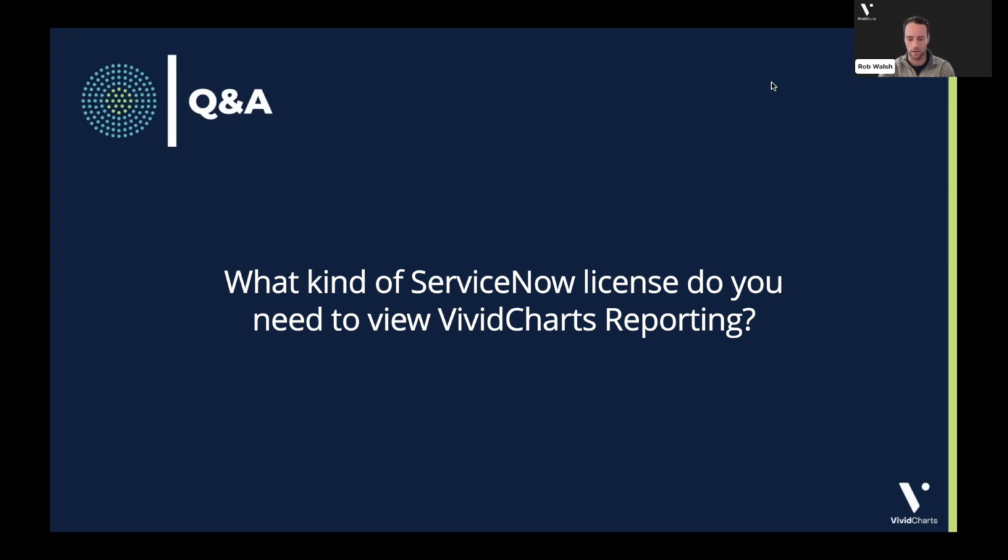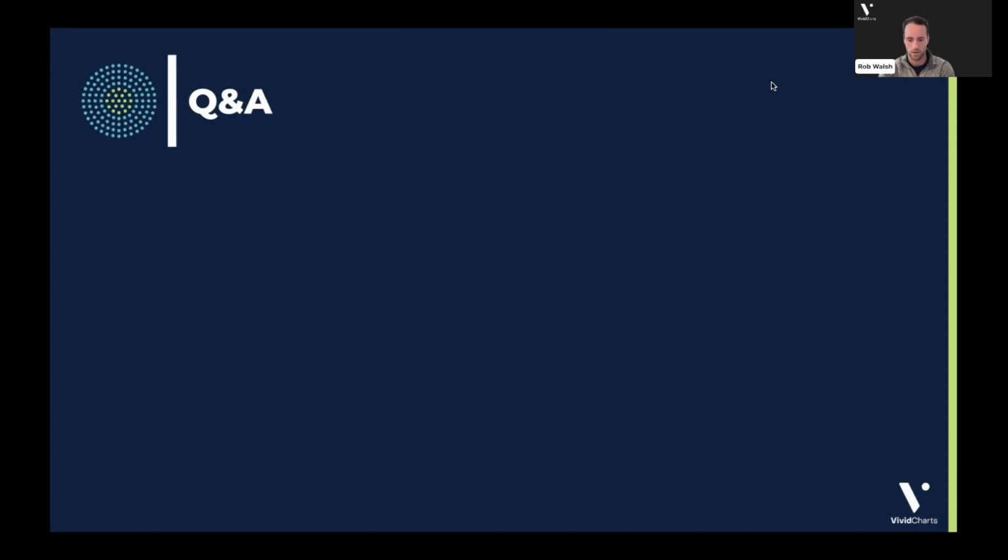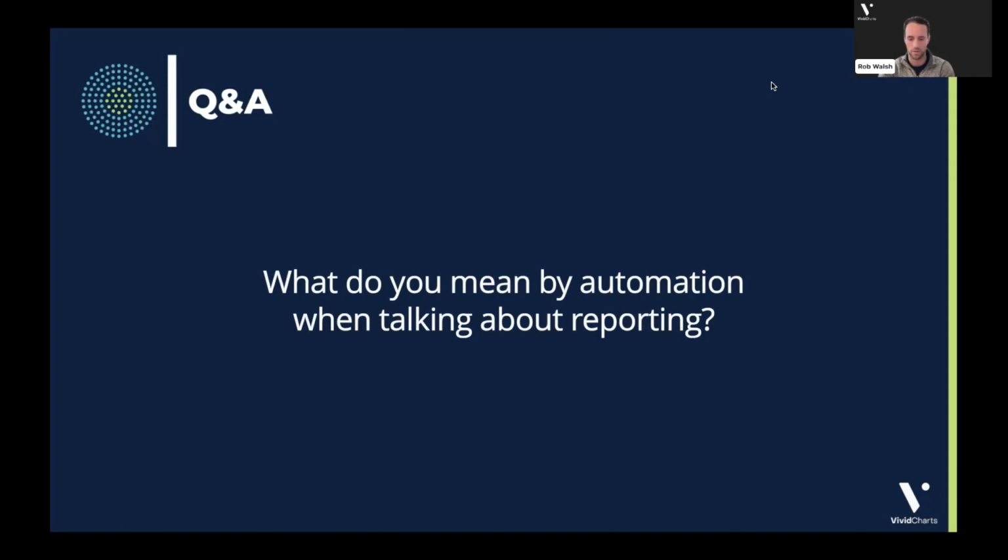We do have another one here. What do you mean by automation when talking about reporting? Automation is really taking the concepts that we talked about today and figuring out what are the common questions or reports that you're having to produce, and can you have the system itself and the technology produce them for you in a fully automated or semi-automated fashion.